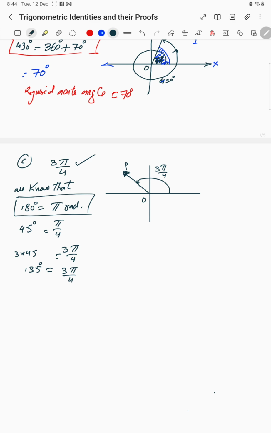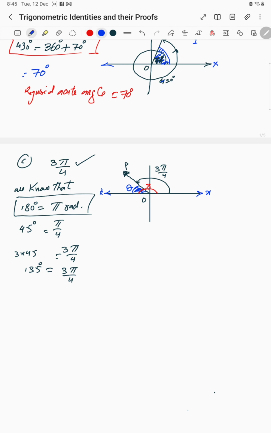And what we have to find is the basic angle, that is the angle formed with the x-axis. So that is here, theta we are looking for. Total angle is what? We know that 180 degrees is pi. So this goes to be pi.